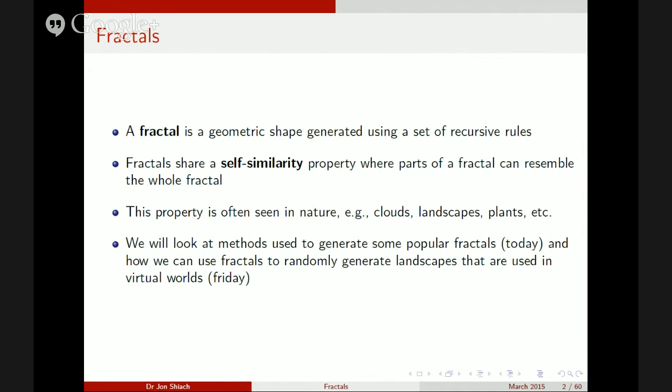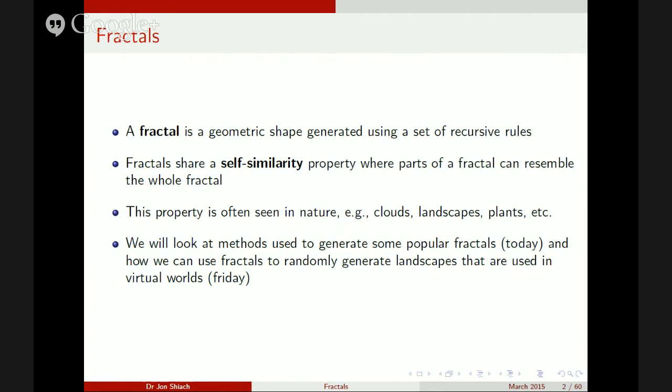The reason we can do random terrain generators is that landscapes tend to have a self-similarity property, which is shared with fractals. By self-similarity, I mean if we zoom in on a fractal shape, or part of a fractal, and blow it up, the zoomed in part tends to resemble the whole.